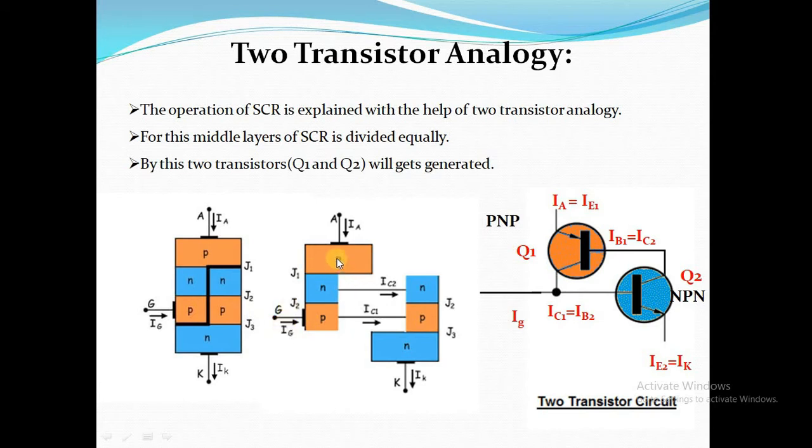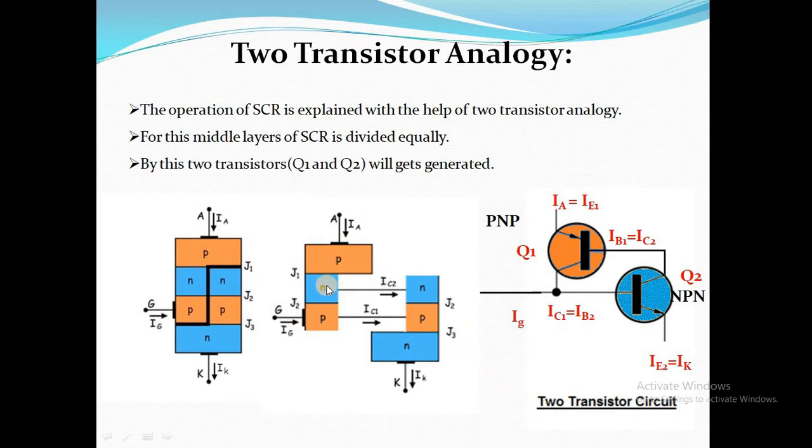The outer P layer and the middle N layer form the J1 junction. Next, the middle N layer and middle P layer form the J2 junction.